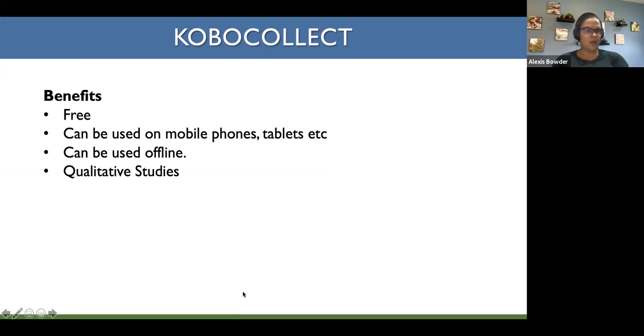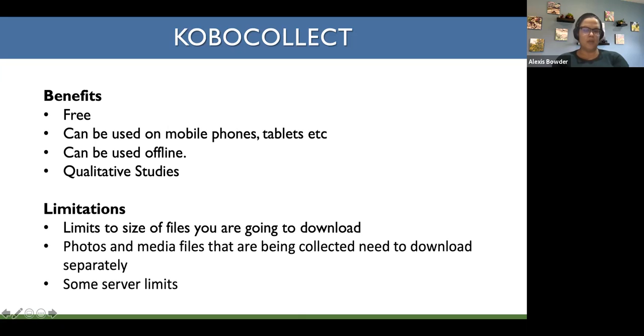So some of the benefits of Kobo Collect is that it's free, it can be used on mobile phones or tablets, it can be used offline, and it can be used for qualitative studies. Some of the limitations are if you're going to be collecting photos or file sizes that are very large, sometimes that takes a little bit longer to download or upload to your database. And you do have some limits with regard to the types of servers that you're using.